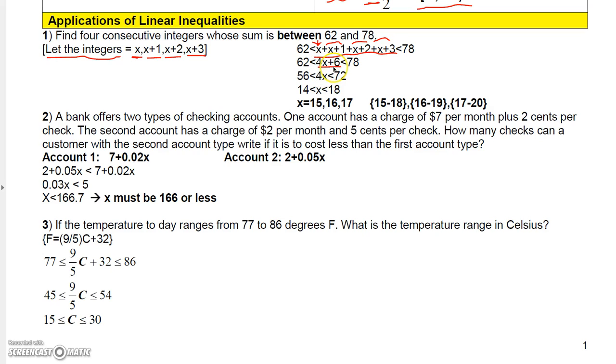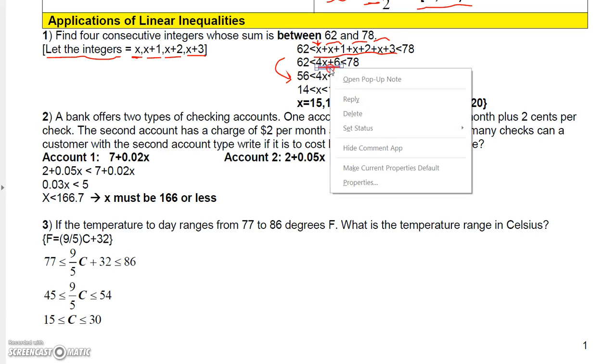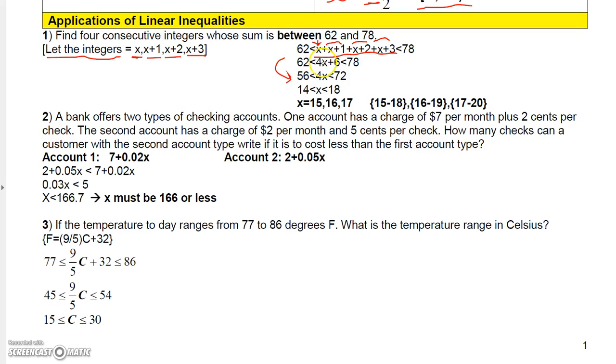The way I got from this step to this step, you ought to actually know by now, I just subtracted 6 from each term. So let me show you here. If you take 4x plus 6 and subtract 6, what do you get? 4x. If you take 78 and subtract 6, you get 72.